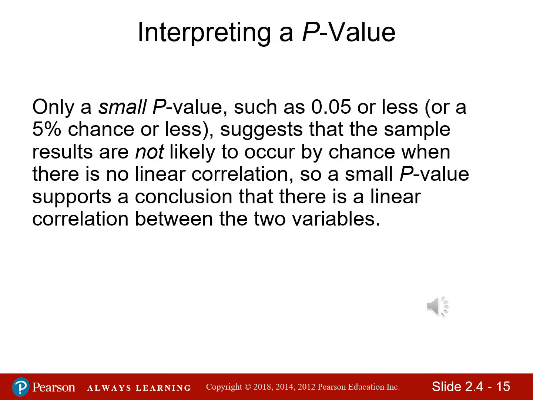Only a small p-value, such as 0.05 or less, suggests that the sample results are not likely to occur by chance when there is no linear correlation. So a small p-value supports a conclusion that there is a linear correlation between our two variables.